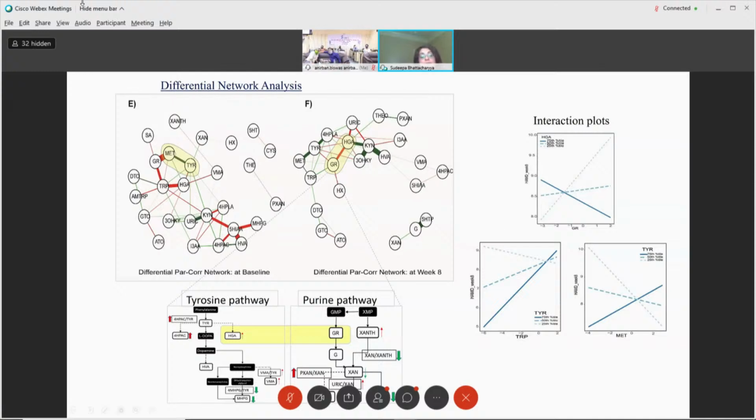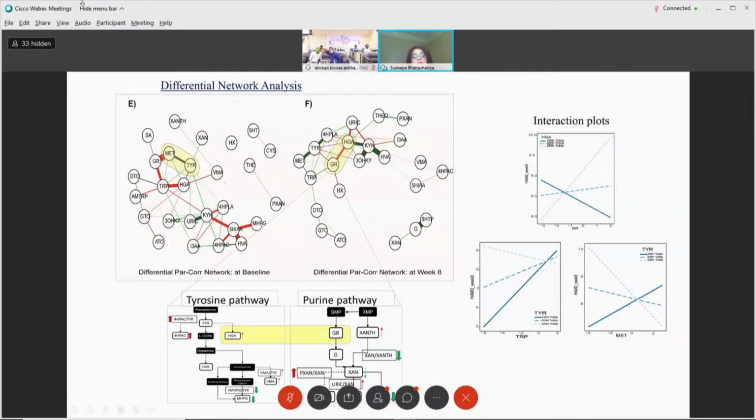We did some graphical network models, and you can see here these highlighted parts, these interactions between metabolites were significantly different between people with high levels of depression versus low levels of depression. And we saw this at baseline, and we also saw this at 8 weeks.